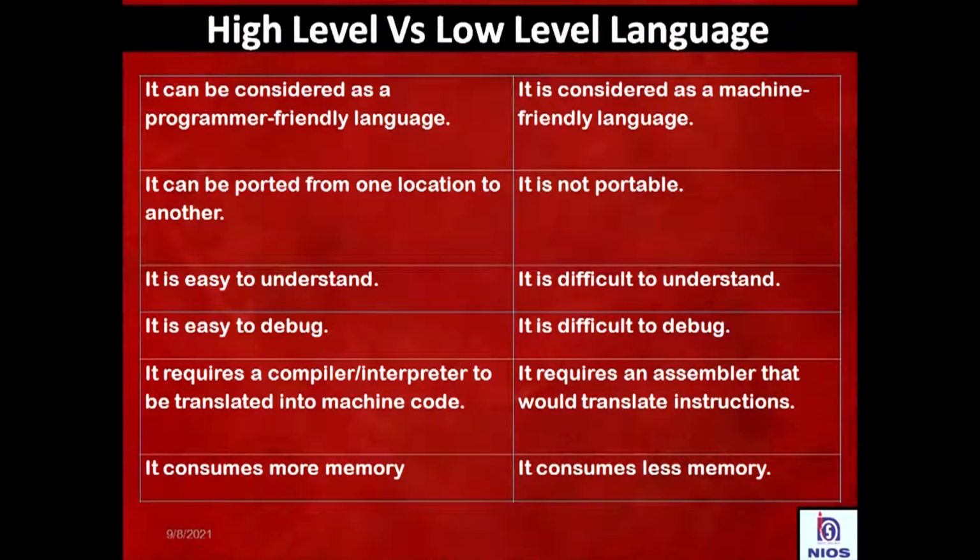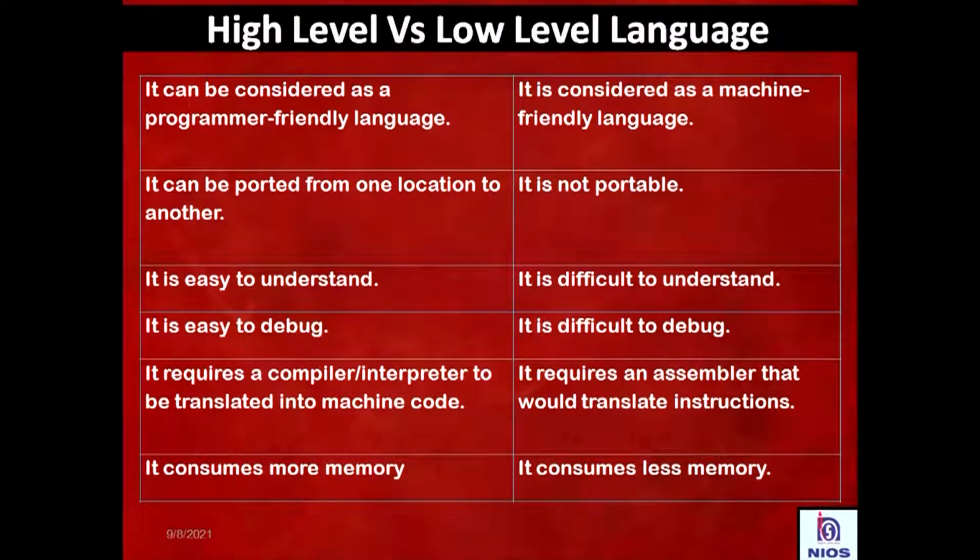High level language can be easily ported from one place to another, whereas low level language is not portable. High level language is easy to understand, though it consists of English and special mathematical symbols and numbers. Comparing this, low level language is difficult to understand.